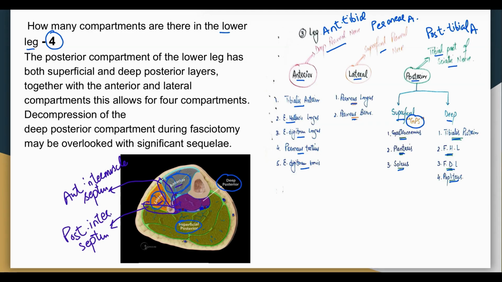Then this one is the interosseous membrane, which separates the anterior from the deep posterior compartment, and this section is the transverse intermuscular septum, which separates the deep posterior from the superficial posterior compartment.